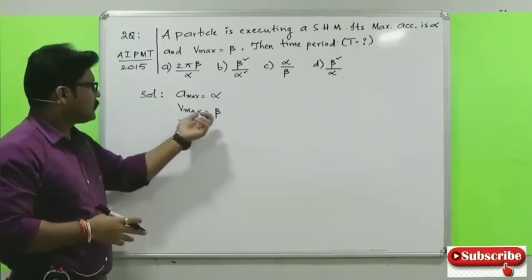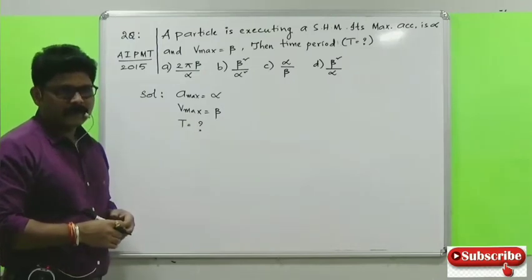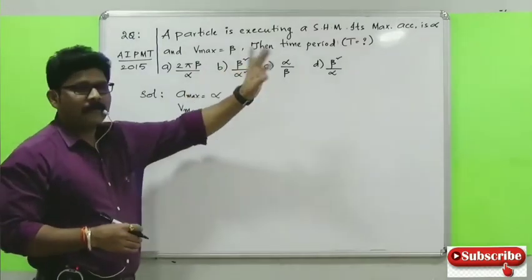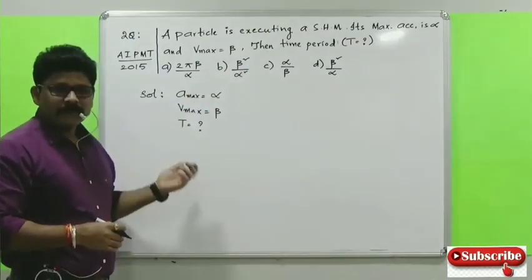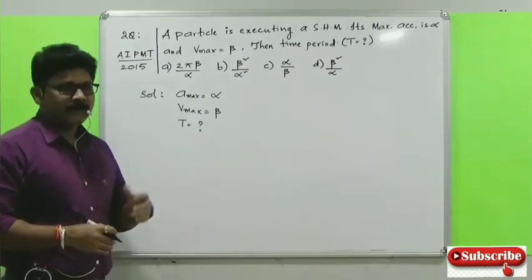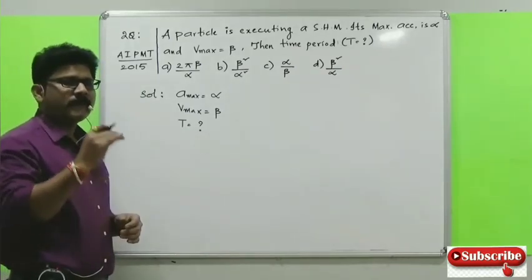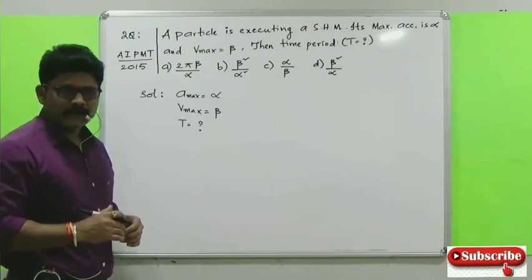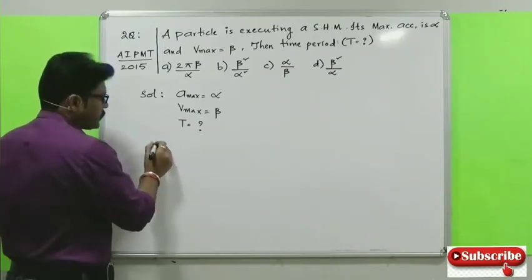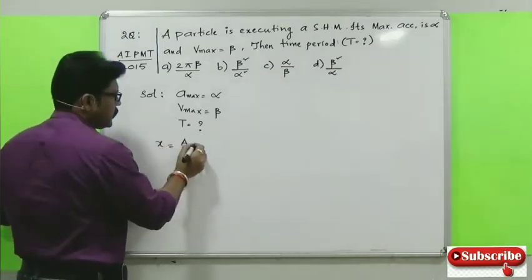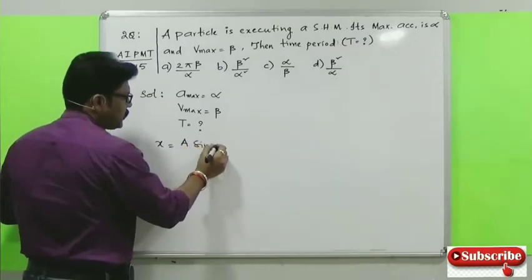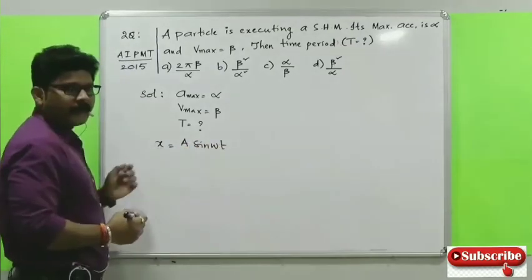Now first, what is maximum velocity for a simple harmonic motion? To get velocity, I should know displacement. The displacement of a simple harmonic oscillator is given by x equals a sin omega t. This is a basic thing that we know.